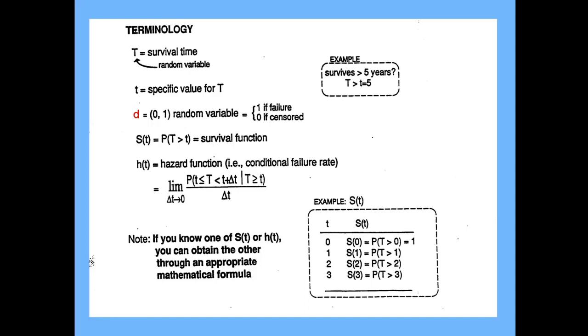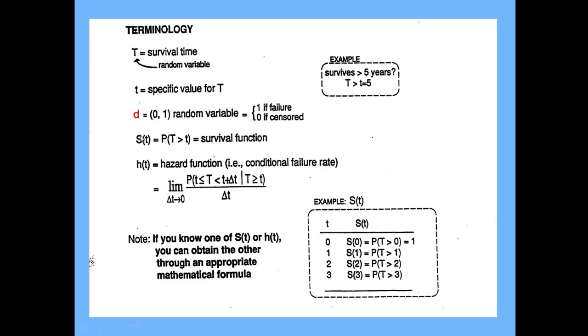We also have to determine whether somebody failed or was censored. We need that information too, and it's a variable that varies from subject to subject. The notation I'm using for that variable is D in the text. So in your data set, you have to have a person's survival time, and you have to know whether they failed or were censored.